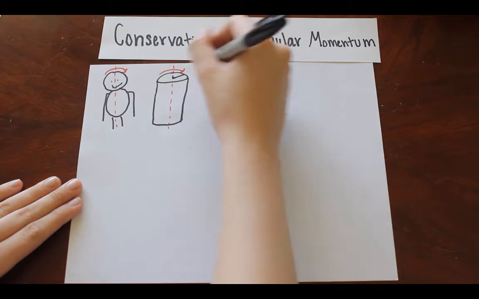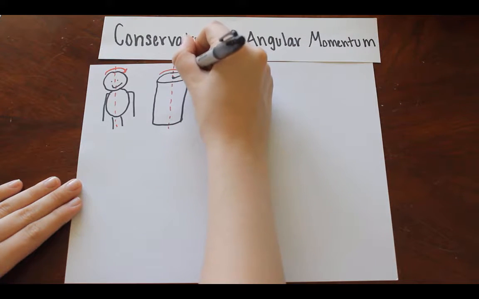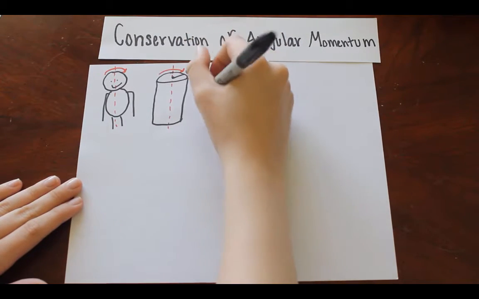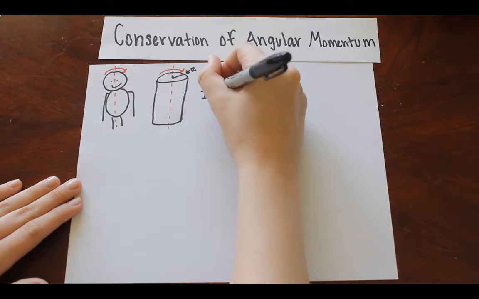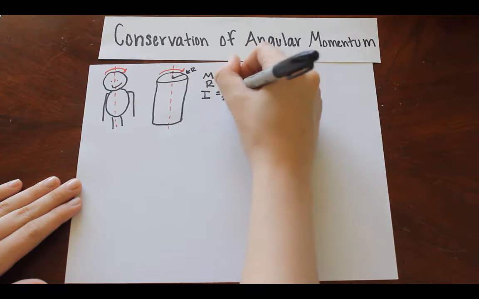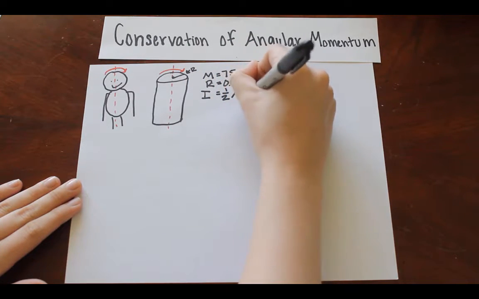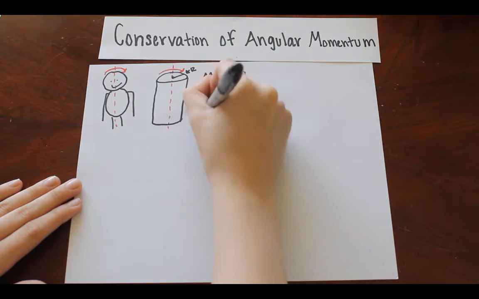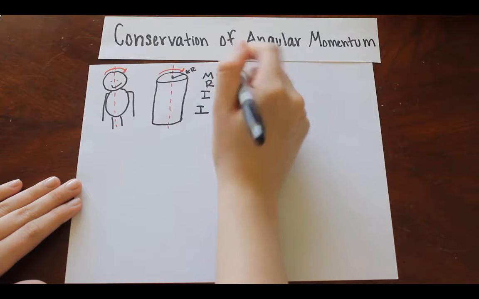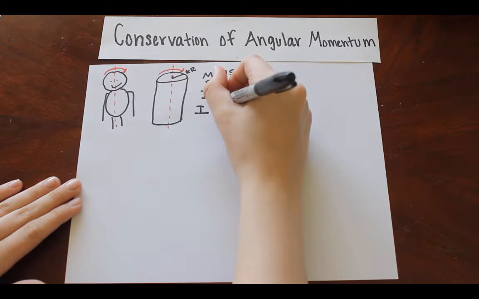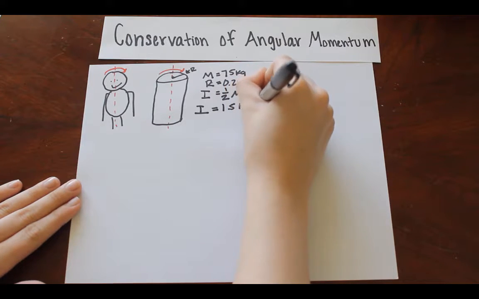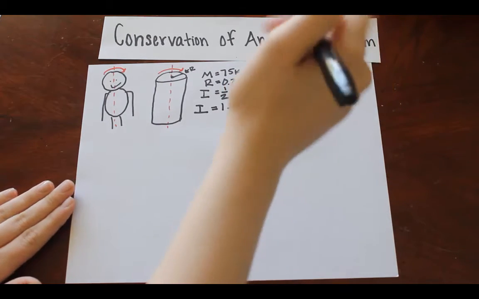Using our equation for inertia, I equals 1/2 mr squared, we take these variables and plug them in, and we get I equals 1.5 kilogram meters squared. So now we can move on.